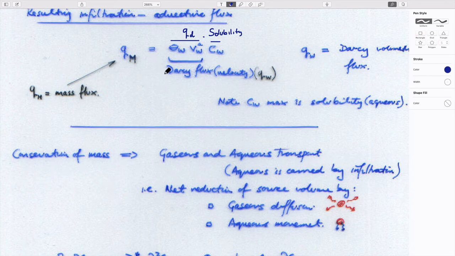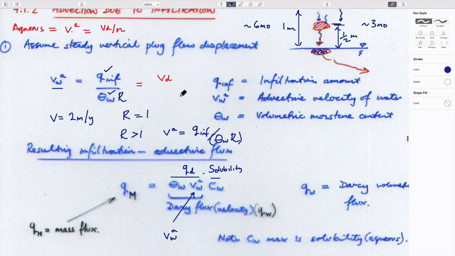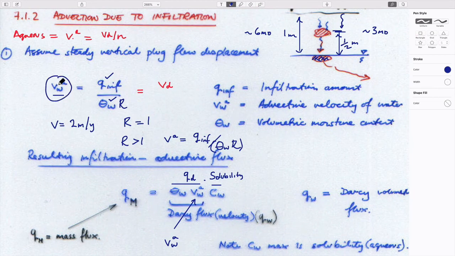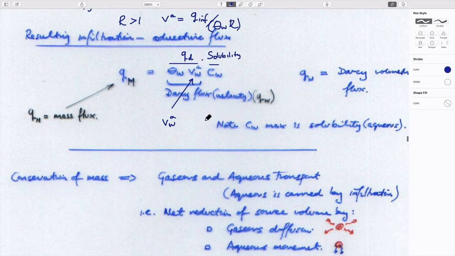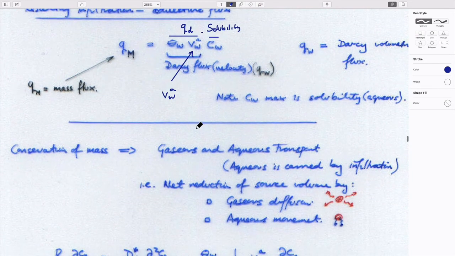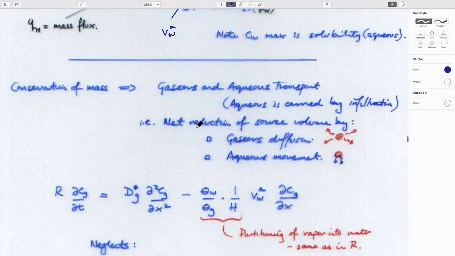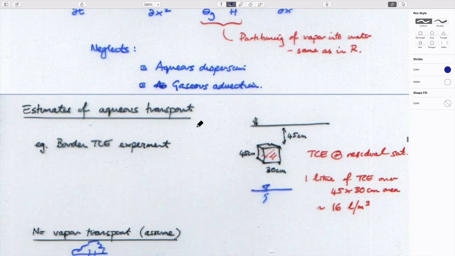And so if we know the values of this, from here, then we can calculate exactly what the mass loading is. So those are the two things that we might be interested in determining.